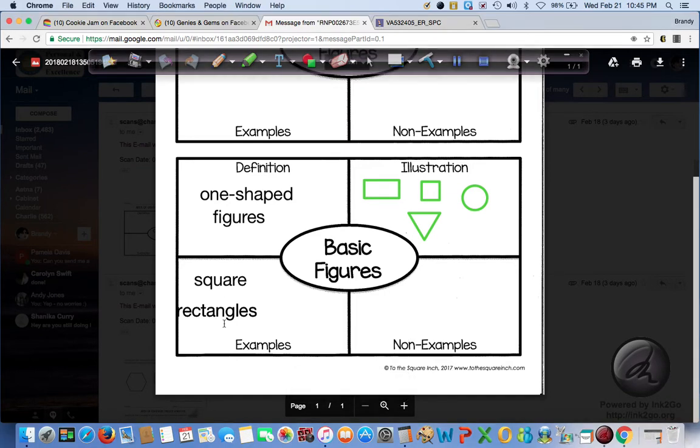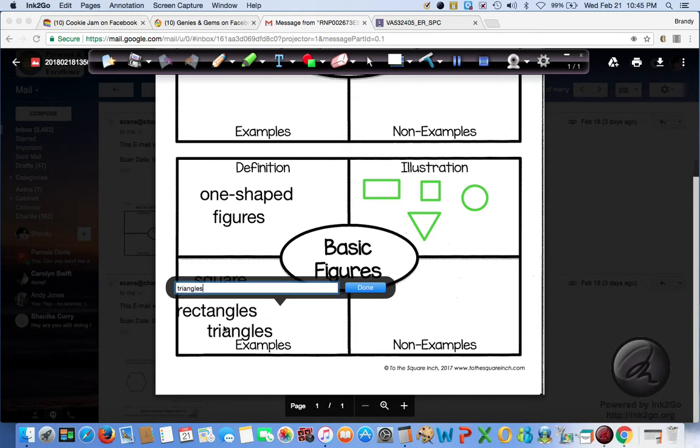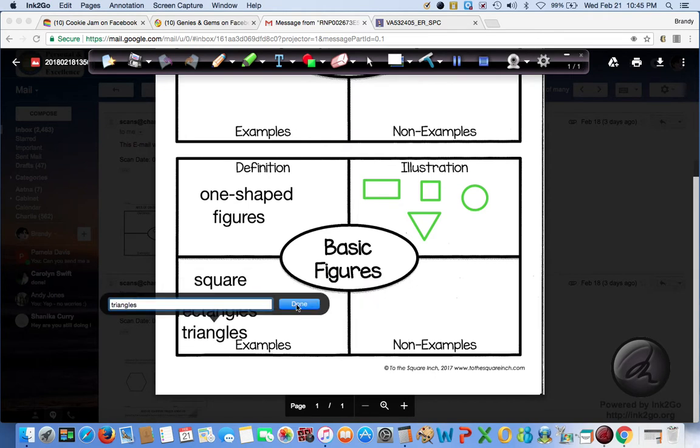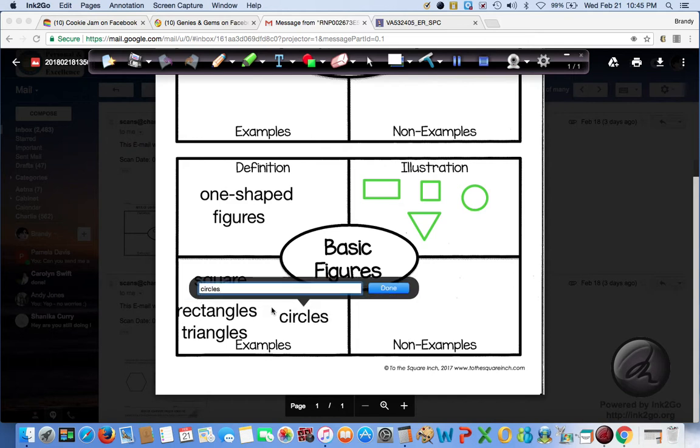Oh, we can't move them. Okay. Triangles. Circles. Any basic shape that you can think of would be our words here.